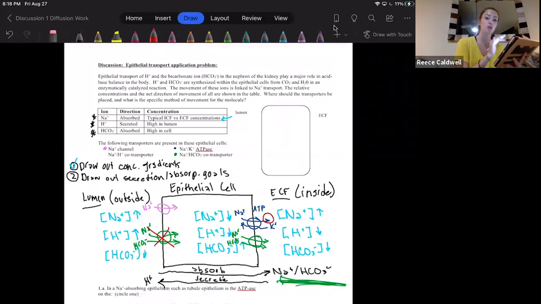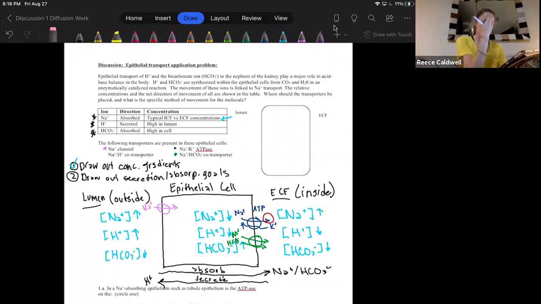If we just absorb it from the lumen to the epithelial cell, it has not been fully absorbed by the body, and that is not our goal. We want our body to absorb those two molecules, so this would be the incorrect side, and the correct side would be that extracellular fluid side.